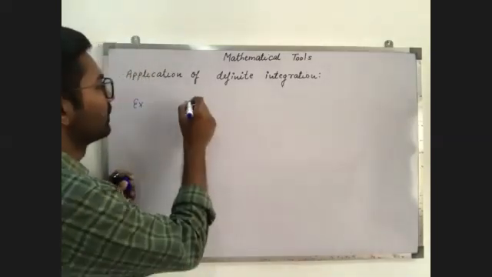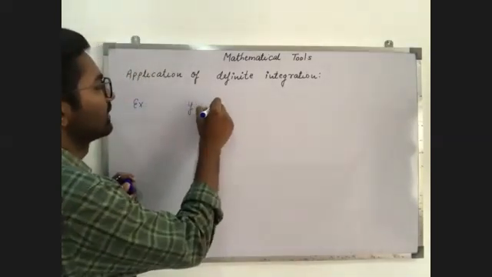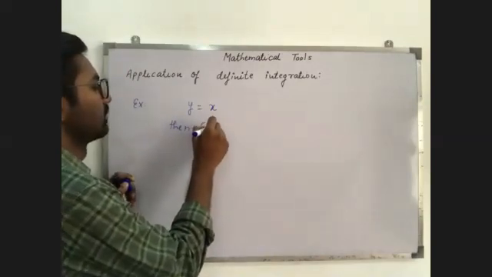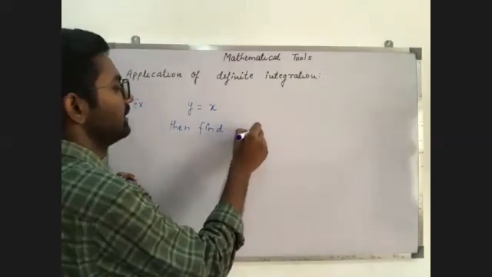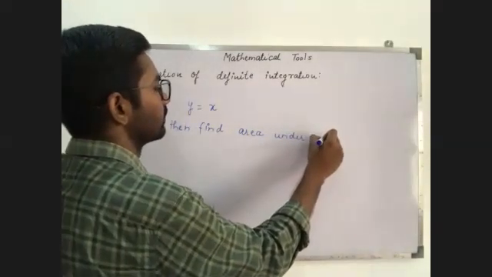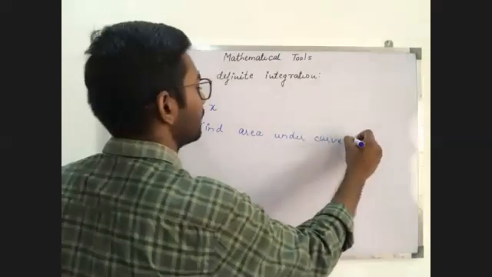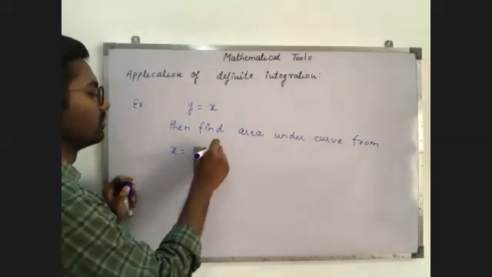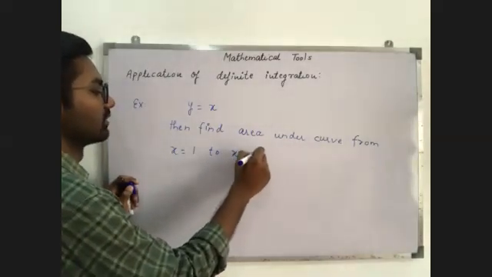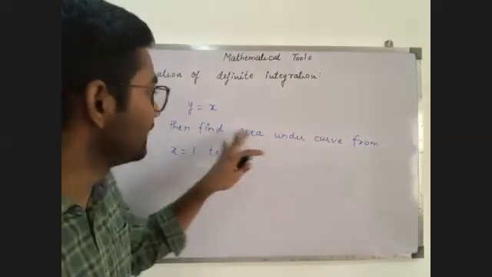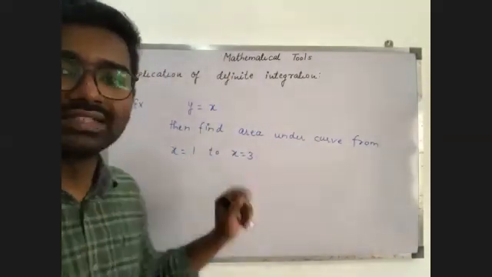Let's suppose they have given y equals x, then find the area under the curve from x equals 1 to x equals 3. This is the function y equals x, and we need to find the area under the curve from x equals 1 to 3.